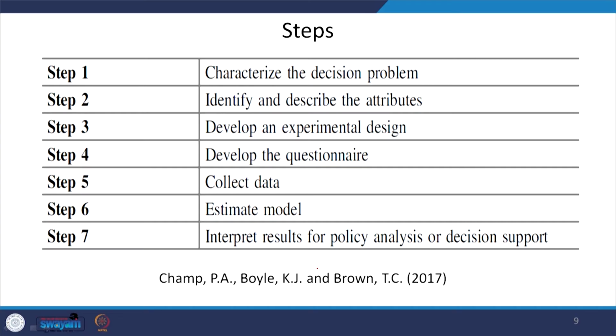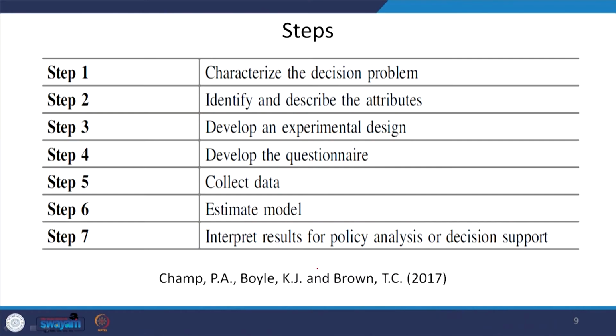So, after discussing the theoretical background, what the theories are that are applicable and in which fields they can be applicable, now let us understand the steps that we need to discuss if we have to conduct this choice experiment. We need to be careful about the 7 different steps that we must consider in applying this choice experiment method.